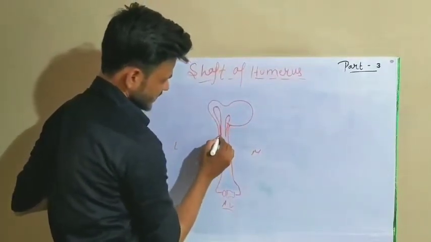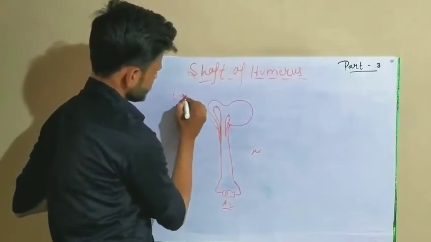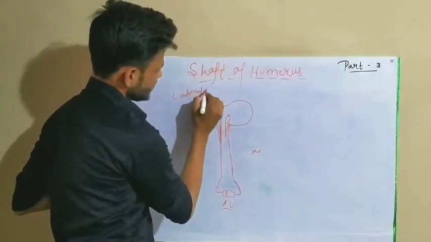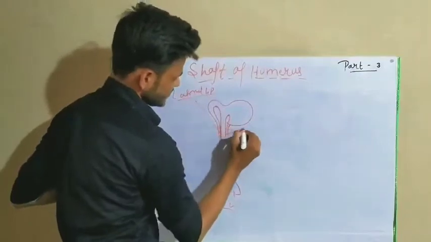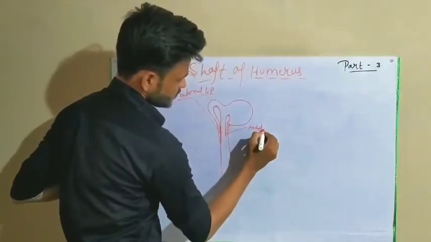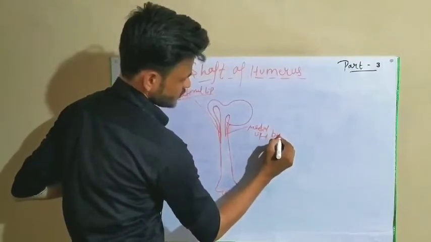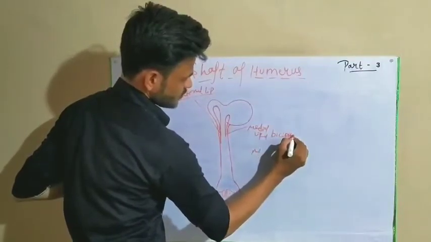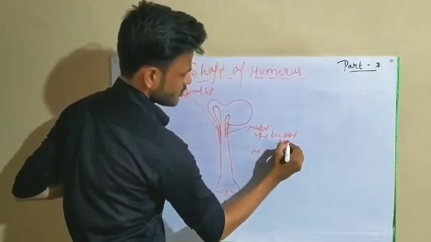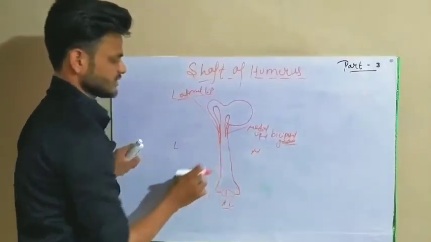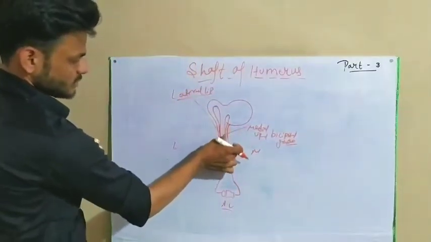This is our lateral lip and this is the medial lip of the bicipital groove.